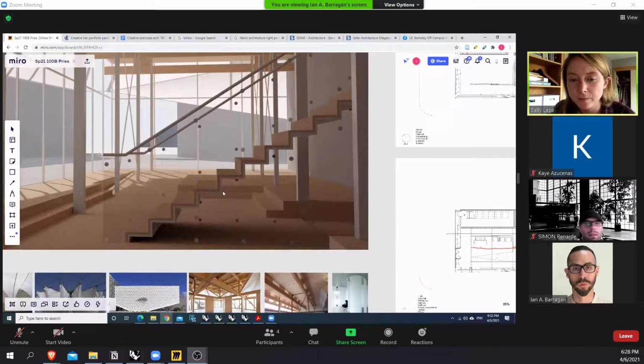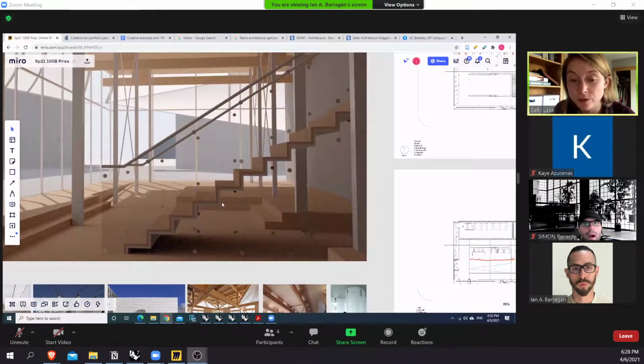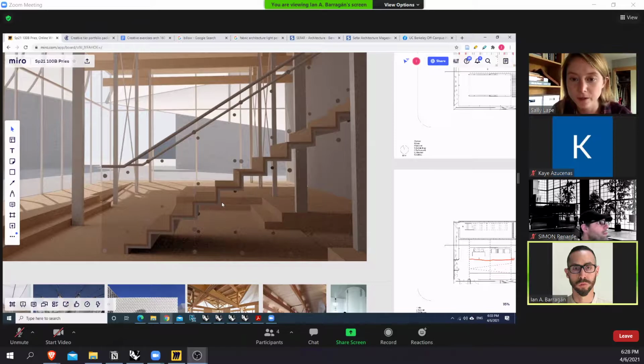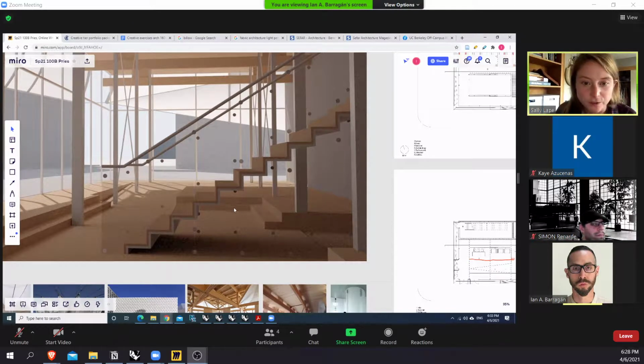I think trying to make use of the space under the stair in general is a good idea. If it's going to be for storage or something, I think that's good practically and in terms of design. Structurally speaking, I was just Googling while you were talking some precedents. I have seen stairs like this where you have just those plates.